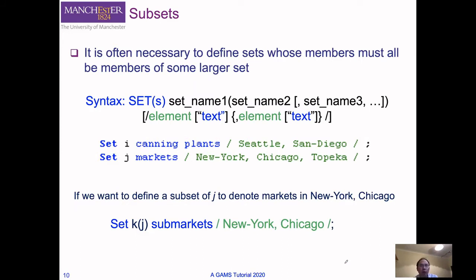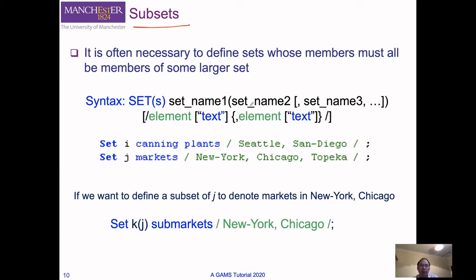Sometimes we also want to define a set whose elements also belong to a previously defined set. Then we can use a subset in GAMS. The syntax of defining a subset is very similar to the syntax of defining a set.